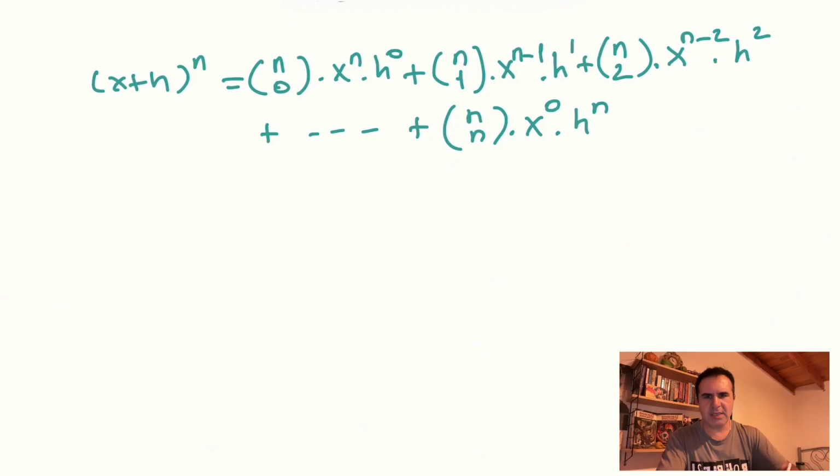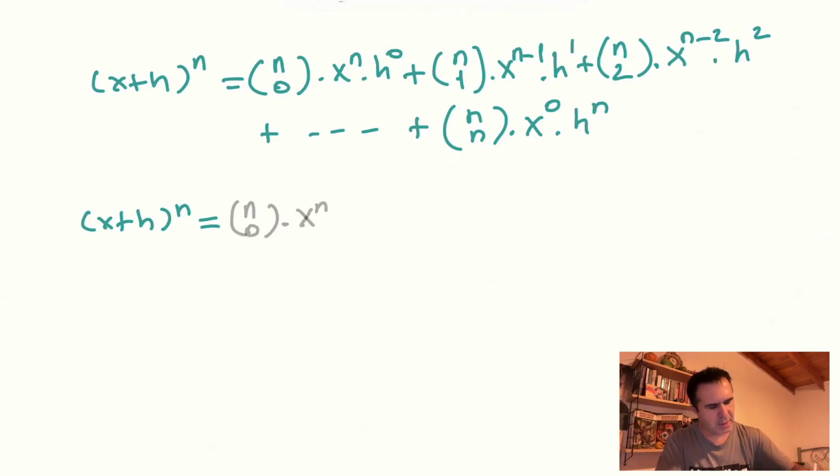Now, this means (x plus h) to the n is equal to n choose 0 times x to the n. H to the power of 0 is 1 here, so I will not write it.